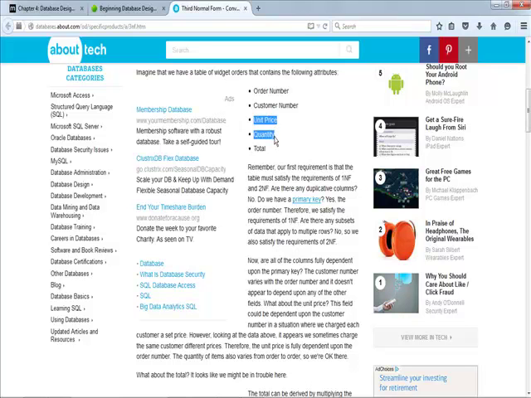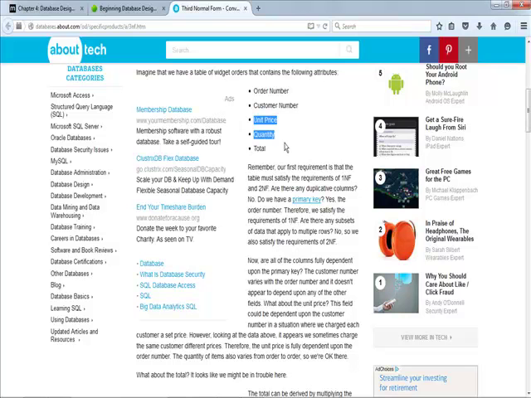Since it's a calculated field, you are best off, rather than putting that in the database, just calculating it. All right? Because as the unit price changes, or as the quantity changes, so will the total. Many books will tell you you should never put a person's age into a database.